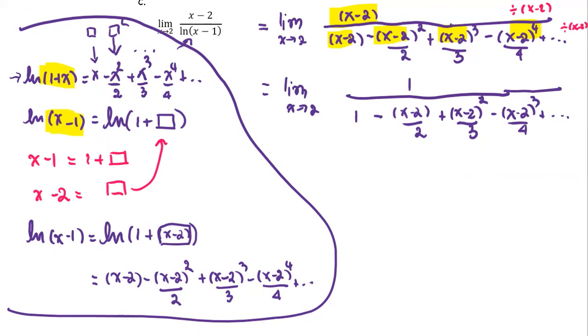Take the limit as x approaches 2. The quantity x minus 2 approaches 0, approaches 0, approaches 0. Therefore, the limit value for this problem is 1.